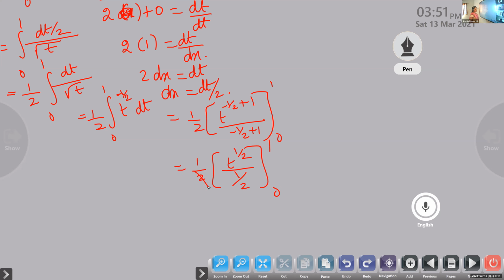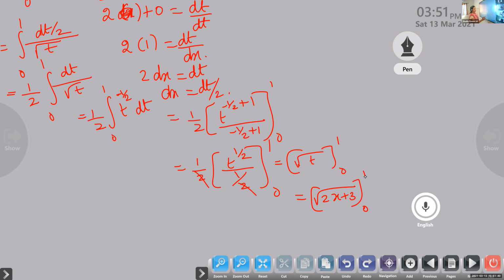So 2 will get cancelled. Don't substitute for t. We should convert it to x, because this is the limit of x. 2x plus 3 is what we took as t, isn't it? So it is root 2x plus 3 within the limits 0 to 1.